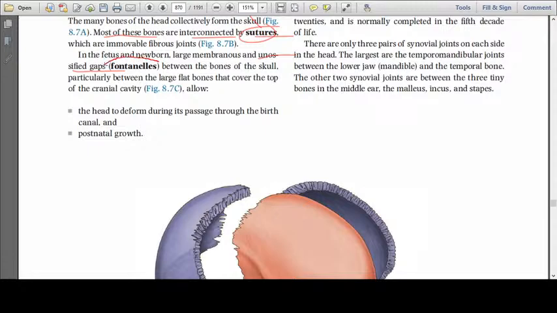One of the most interesting facts about the fontanelle is that we can tell if the child is dehydrated just by looking at it, because in a dehydrated person the fontanelle is depressed. So there's depression of the fontanelle in case of dehydration in a child.